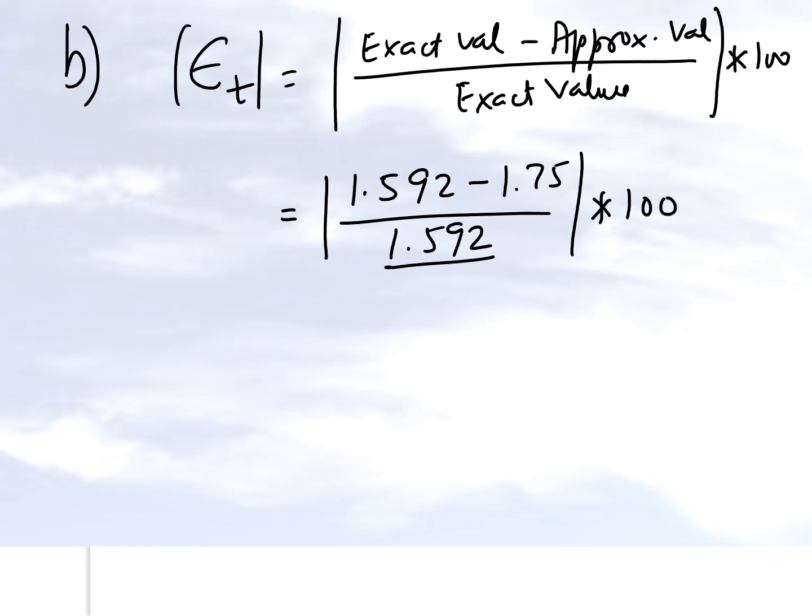Many people ask me, how do you find the exact value? You can just apply your ordinary differential equations course, like Laplace transforms, or the classical solution technique of finding the homogeneous and particular parts of the solution. But anyway, what we get is 9.92% as the absolute relative true error for this particular problem.